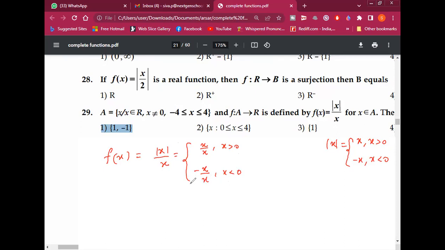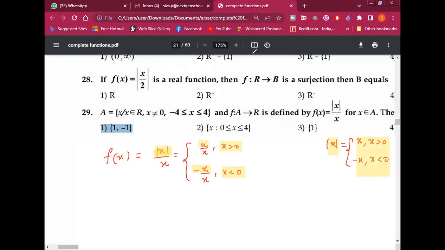The change I made is for mod x only: if x was positive, I wrote plus x instead of mod x, and if x was negative, I wrote minus x instead of mod x, according to the definition of mod x.